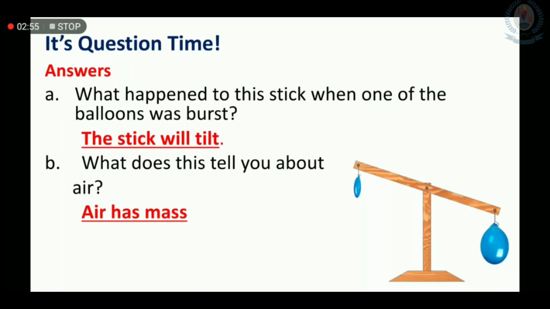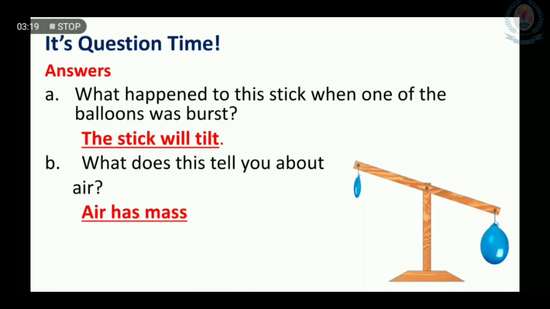Okay. First question, I asked you, after you burst one balloon, what will happen to the stick? Definitely it will get unbalanced. So as a result of this unbalancing, as you can see in this diagram, the stick will tilt. Tilting means what?